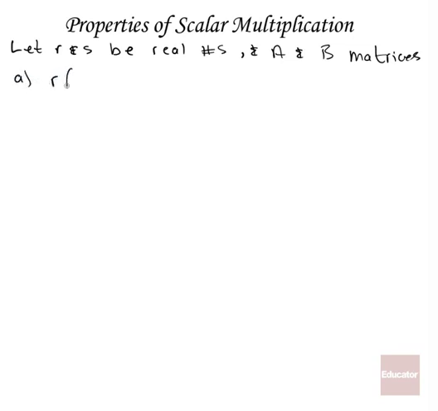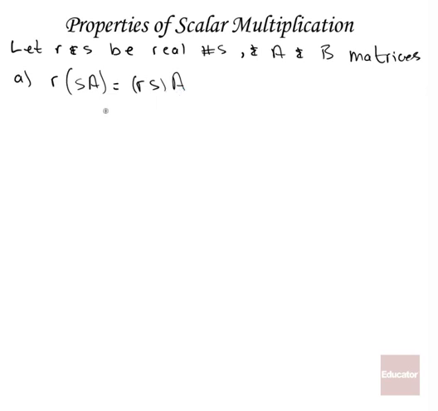First property, R times S times A is equal to RS times A. This says if I've multiplied a matrix by some scalar S, and if I multiply it by another scalar, I can pretty much just reverse the multiplication process. I can multiply the two scalars together and then multiply by the matrix. Pretty intuitive for the most part.